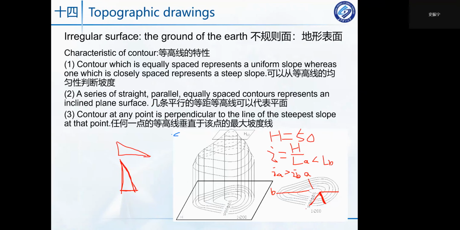As for A, B, C, D, E, and then I, D is the biggest, and D is the steepest slope, if we want to go down this hill from this point.